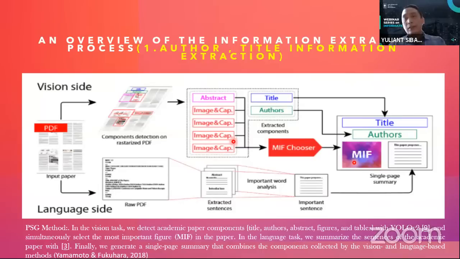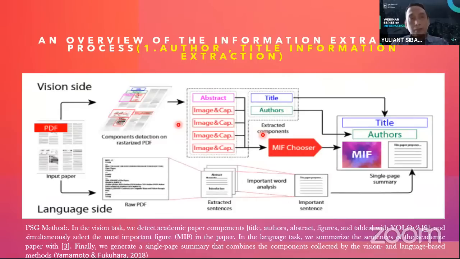This is an example of an information extraction method that can be done for this case. In information extraction method, there are several steps that we can do. Like the first is extracting components.